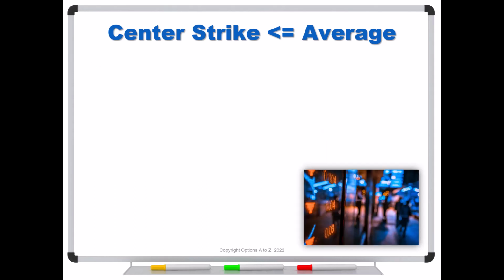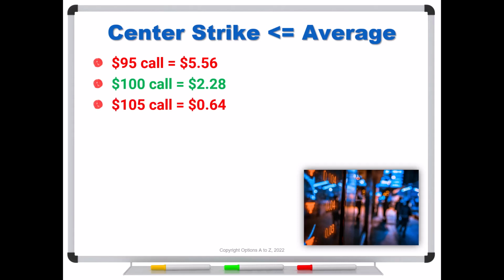So for example, let's say that we have the $95 call, according to a pricing model, priced at $5.56. The $100 call is priced at $2.28, and the 105 call is priced at 64 cents. So in this example, we're going to take $5.56 plus 64 cents, that's just the 2 outer strikes, divided by 2, that's the average, and that gives us $3.10.